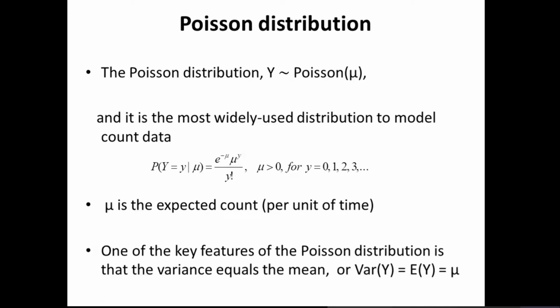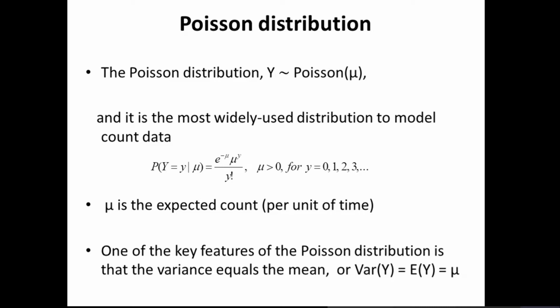Okay, what does the Poisson outcome look like? Let, for example, Y be an outcome. For example, Y can be CD4 count. Y will have a distribution which is Poisson with a certain average mu.